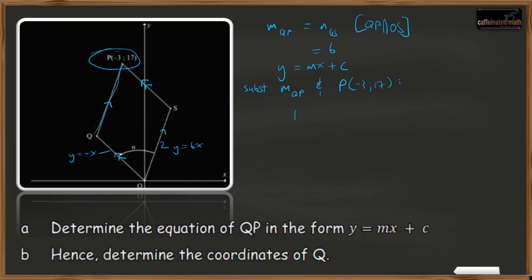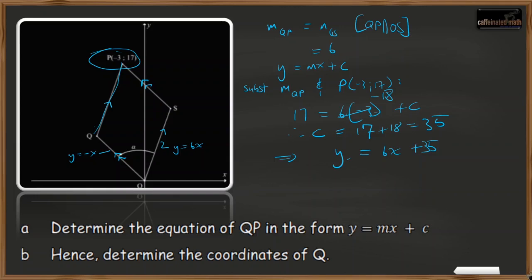So 17 will be equal to 6 times minus 3 plus c. Therefore the value of c is, well, that's minus 18 transposed, which gives 17 plus 18, which is thus 35. Therefore y is equal to 6x plus 35.